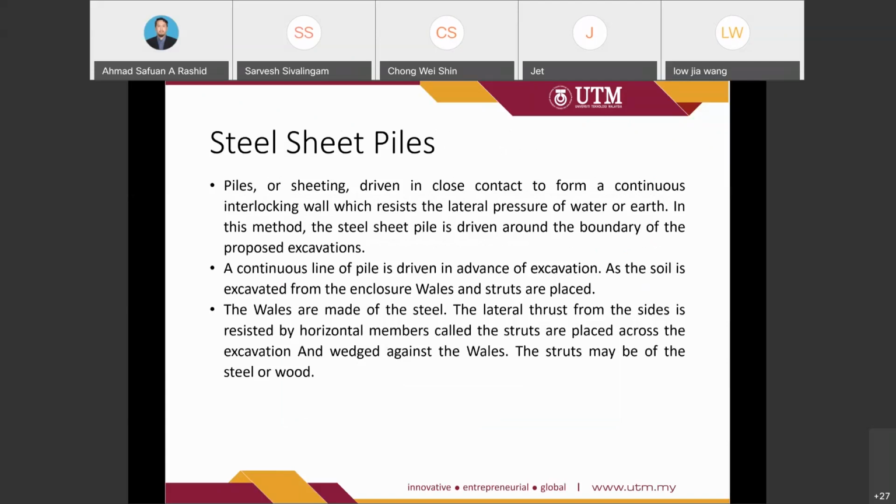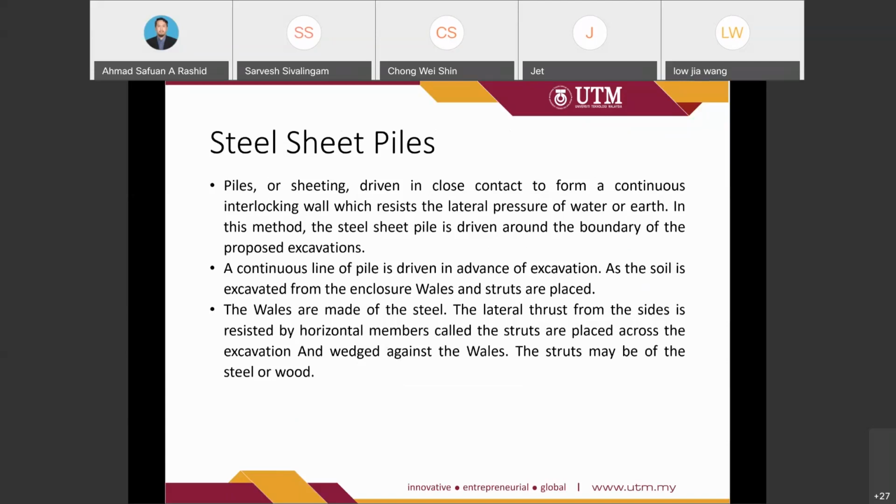For steel sheet pile, piles or sheeting are driven in close contact to form a continuous interlocking wall which resists the lateral pressure of earth and water. In this method, the sheet pile is driven around the boundary of the proposed excavation. The continuous line of piles is driven in advance of excavation, and as the soil is excavated, wales and struts are placed.